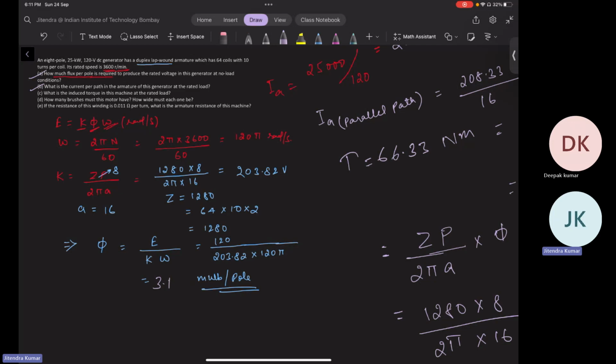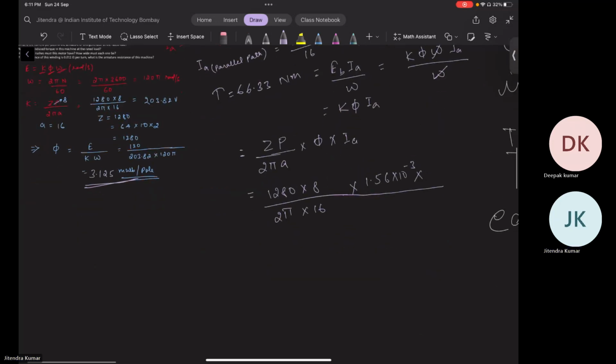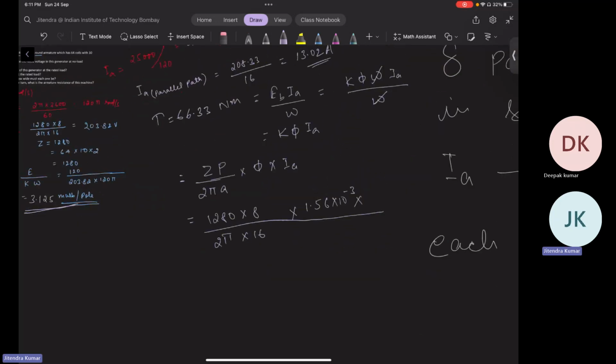Is there a mistake in calculation or anything else? Expression is correct or not? Sir, expression is correct. I think there is a mistake in calculation. Okay, so then ignore that calculation mistake. So we have updated that value with 3.125. Okay, so thanks for pointing that out.